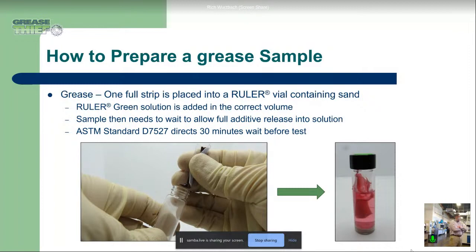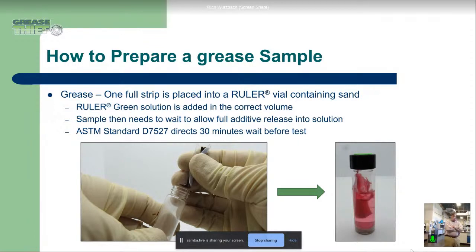So we like to make, as part of our grease analysis process, a set aside of this vial for 6 hours so that we can consistently be confident that we get that full dissolution of the antioxidants into solution, and then it's a valid comparison back to the new grease. Now you could also make the argument that if you do 30 minutes every time, the same amount is released from the new grease and from the used grease.